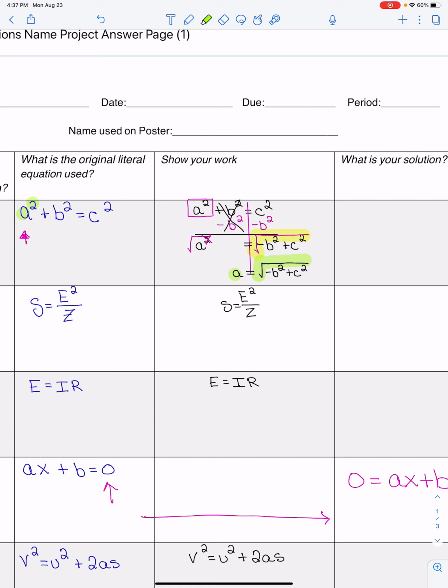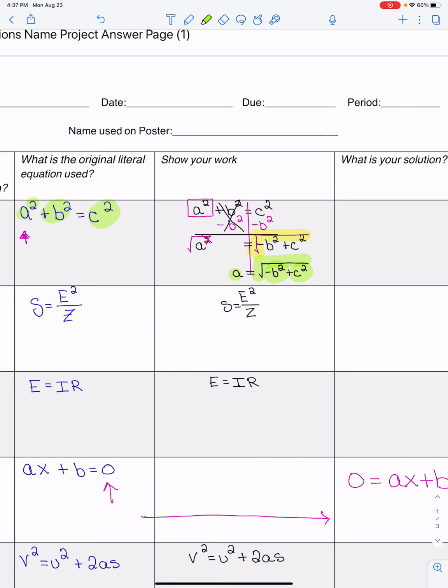Okay. I originally had a positive b squared. The inverse is negative b squared. I originally had c squared, and that c squared is still there. So I still have all those pieces. Even though some of them look like the opposite, they are, because they're the inverse on the opposite side of the equal sign.